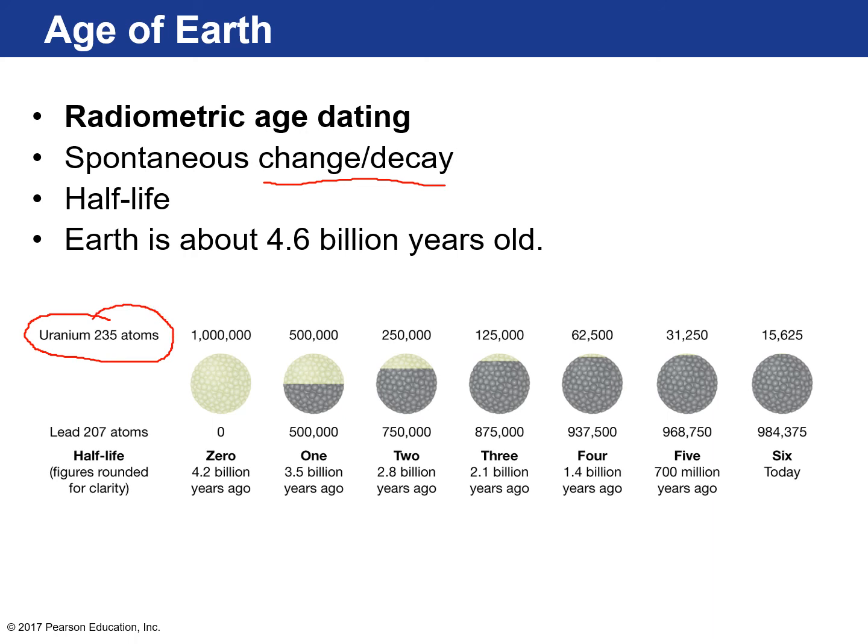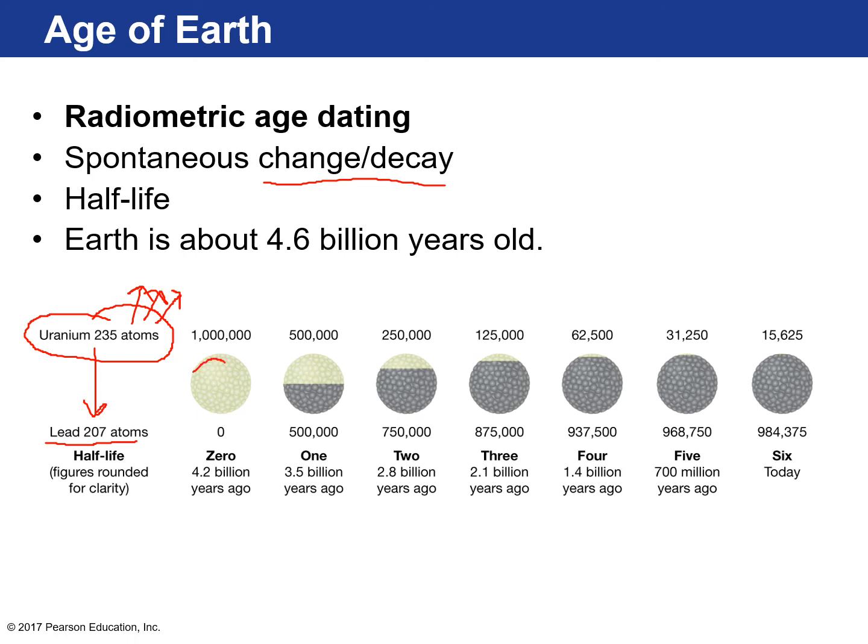This atom is so large, its nucleus is unstable, so it'll undergo radiometric decay, and it'll spontaneously shoot out parts of its nucleus outwards and decay into a new element. But it happens at a predictable rate, and a rate that we can calculate. And if half of those atoms decay into its daughter isotope, which is lead-207, that's called 1 half-life.